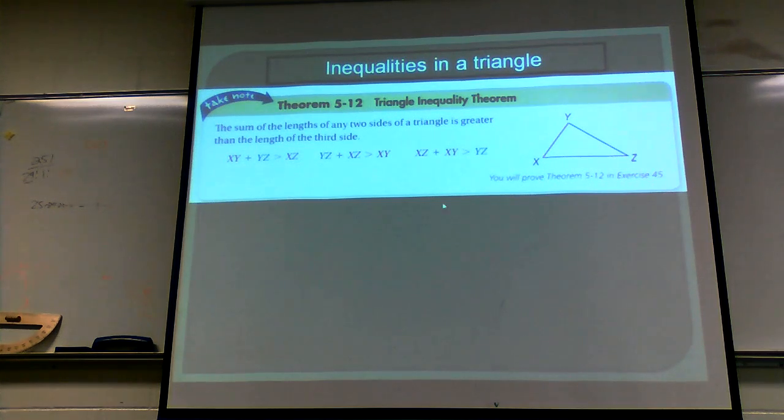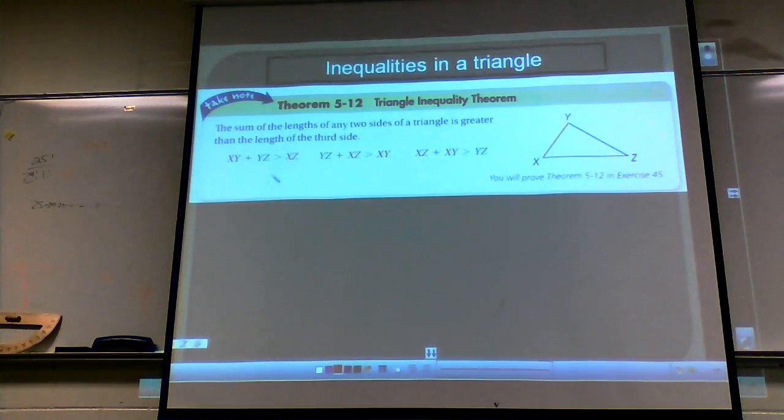Now, the theorem lists out all 3 combinations of adding the sides together, so there are technically 3 inequalities. But when I actually do the problem and you test whether or not you can make a triangle using side lengths, you're only going to have to do one of those inequalities.